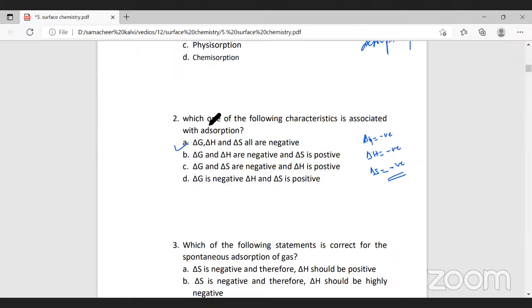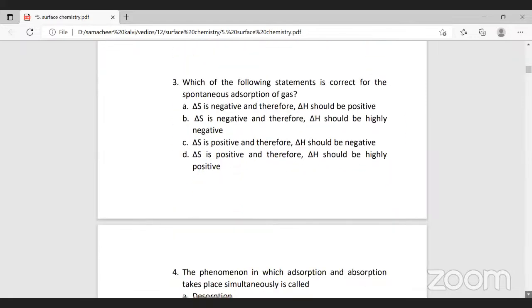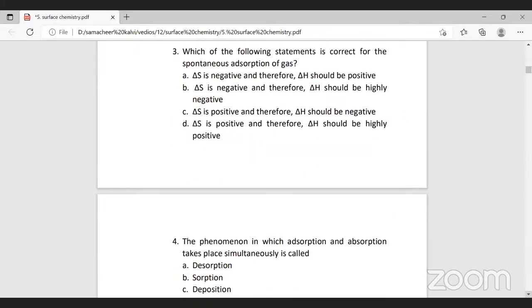Next, which of the following statements is correct for the spontaneous adsorption of gas? Delta S is negative and therefore delta H should be positive. No. Delta S is negative, therefore delta H should be highly negative. So this is the answer.